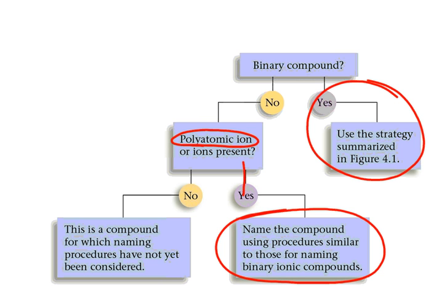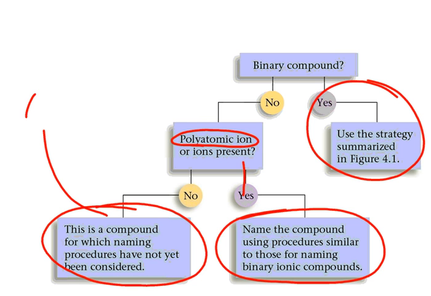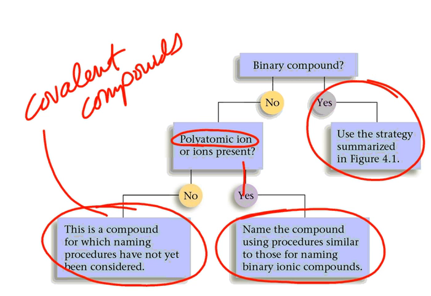Okay? If there is no polyatomic ion, well, we'll get to that when we're done with ionic compounds, which is going to eventually bring us to covalent compounds, right? And we'll talk about what those look like, and how to name them in the next lesson.